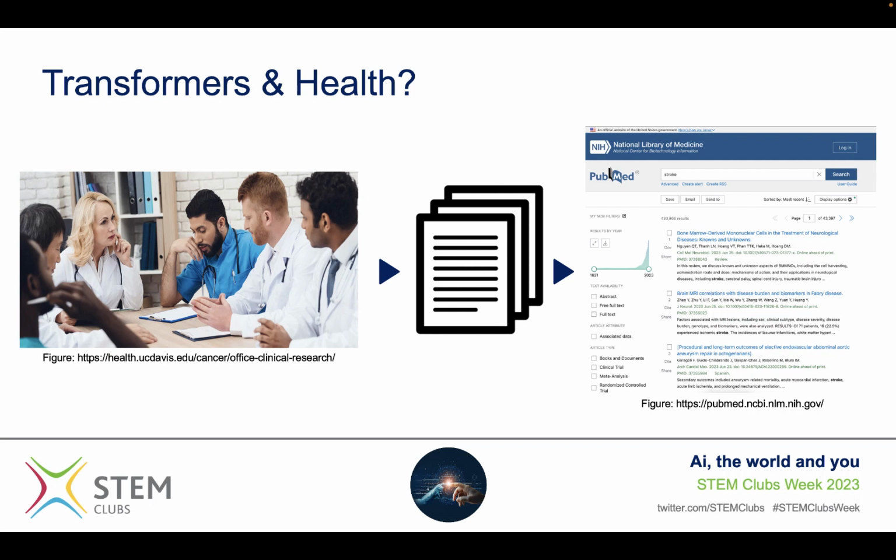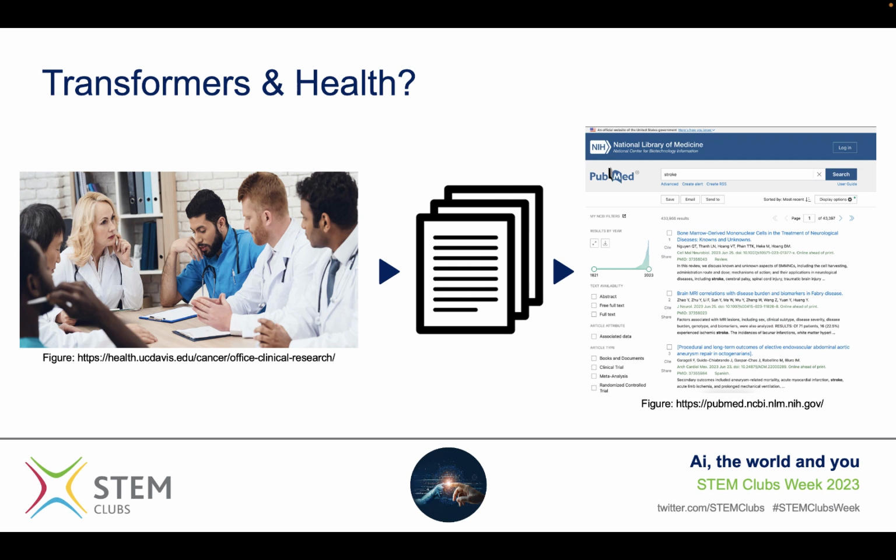So clinical researchers would search or commence studies on what treatment is best for strokes. Then they would publish them, and those published documents would be indexed somewhere in a database where all the other clinical researchers could have access to the information and see what's the best treatment method for a particular issue.